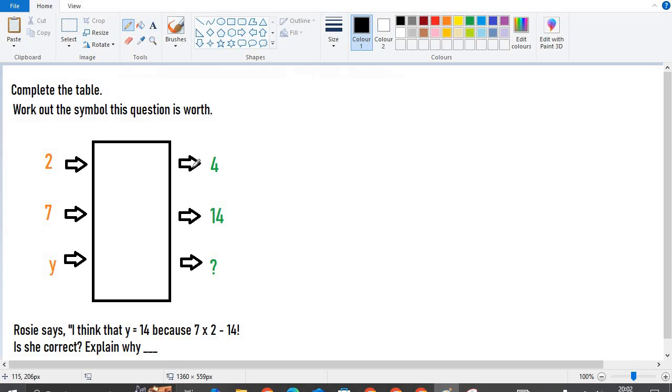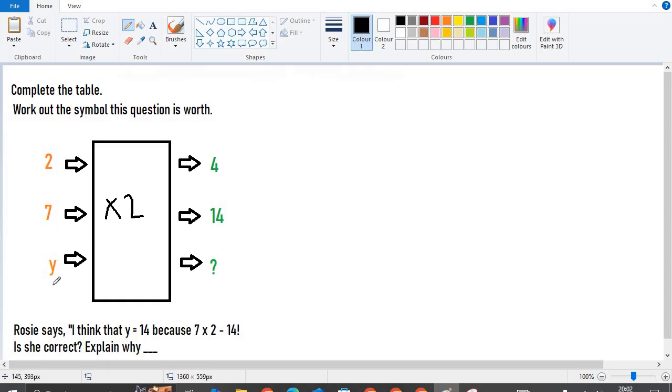So we have to do 4 divided by 2, which is 2, and 14 divided by 2, which is 7. And 2 times 2 gives us 4, 7 times 2 gives us 14. So in this bar model, it's asking us to times by 2, or basically essentially doubling.